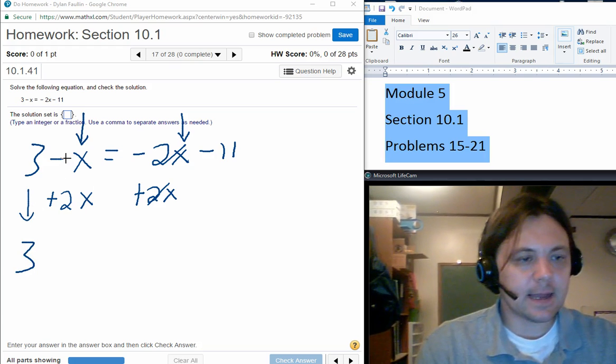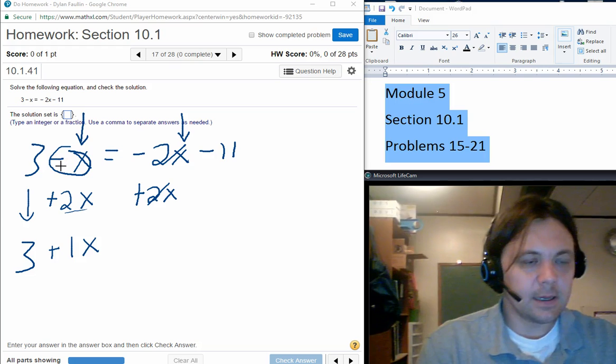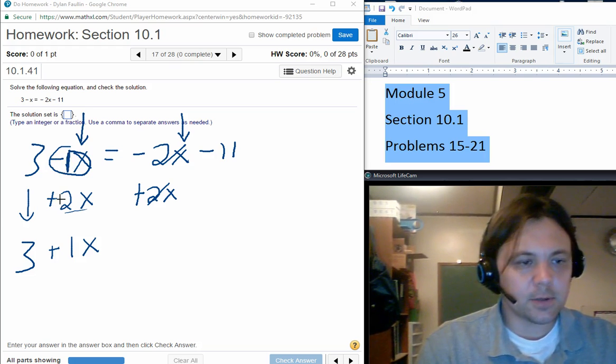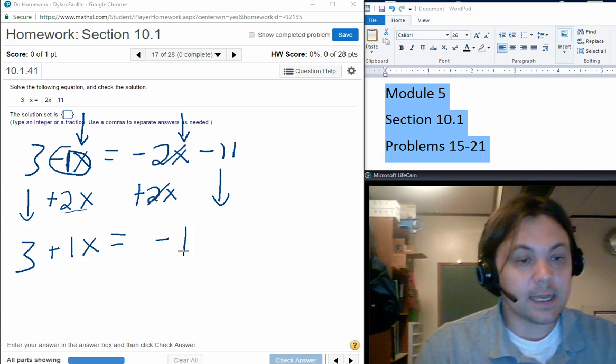We're just going to copy that down. Negative x, don't forget that negative sign, negative x plus 2x is going to come out as positive 1x. Right? Negative x, there's an invisible 1 here. So we have negative 1 plus 2, which is positive 1. And the x just gets copied down. Equal sign gets copied down. And don't forget about this minus 11, which now becomes a negative 11.